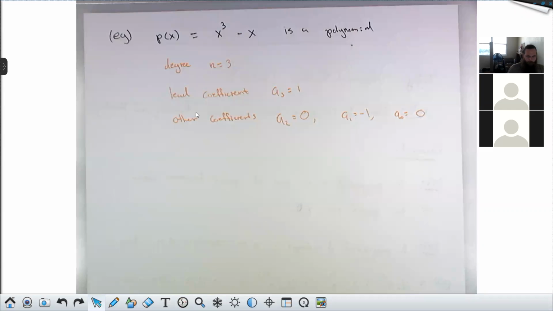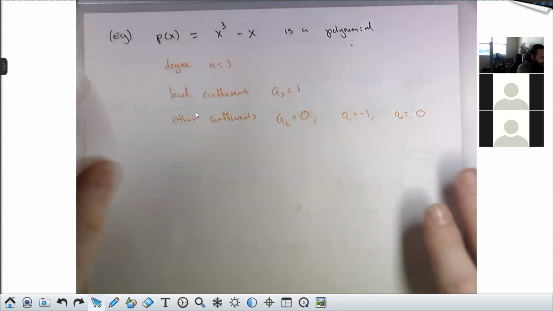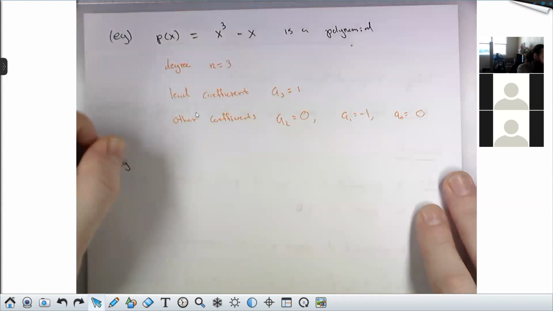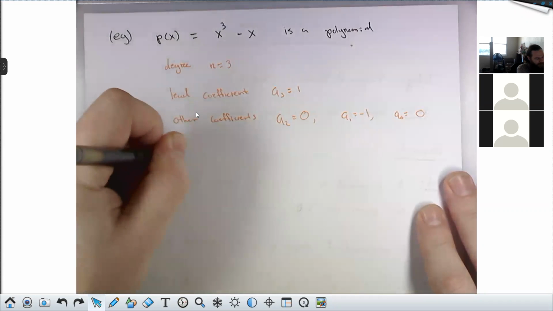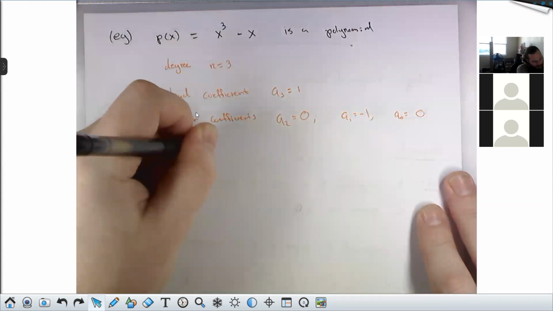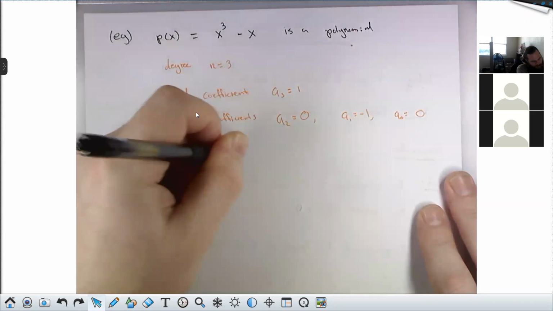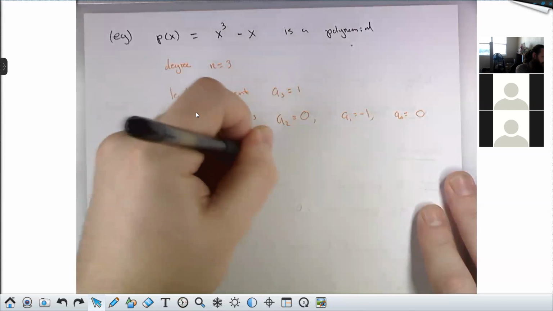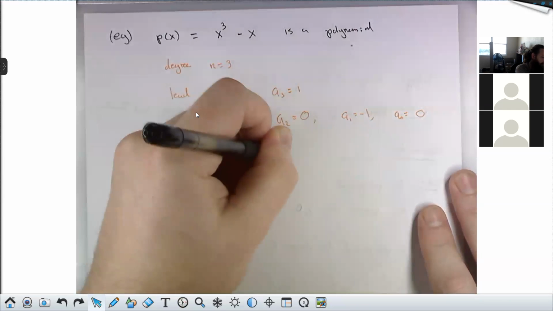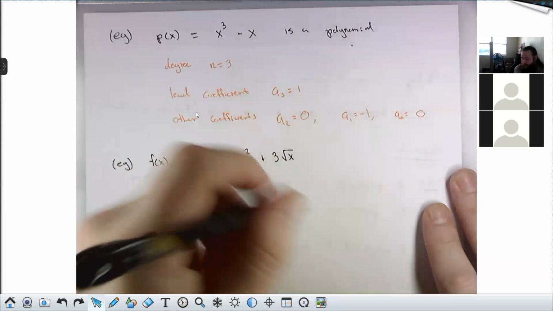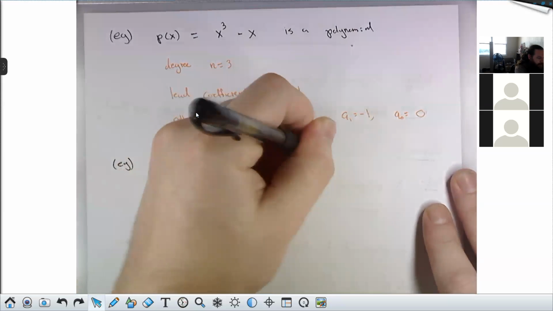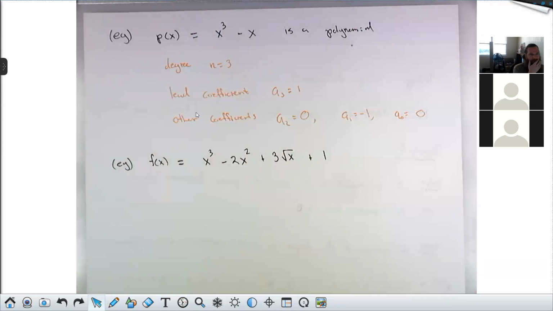So what about some things that are not polynomials? All right. This is not a polynomial.